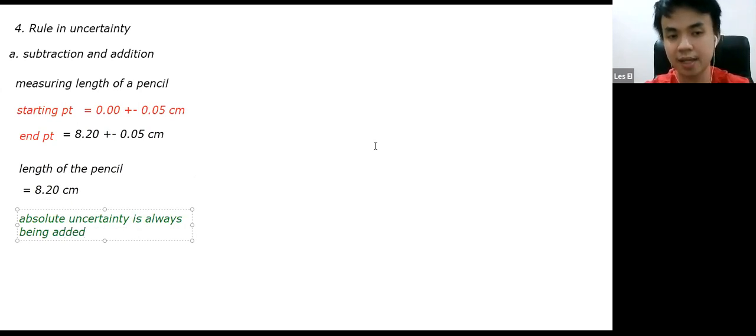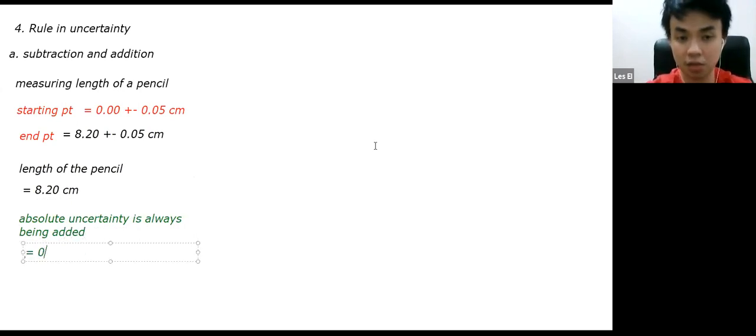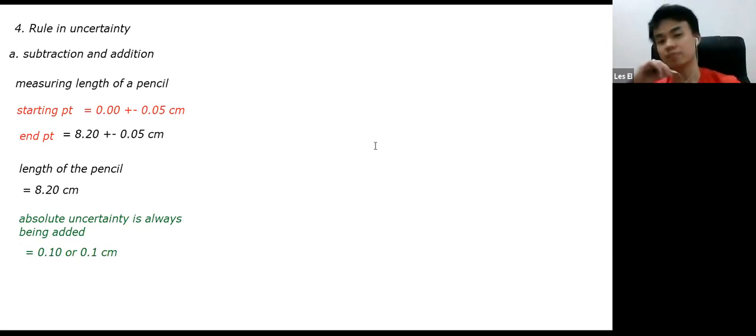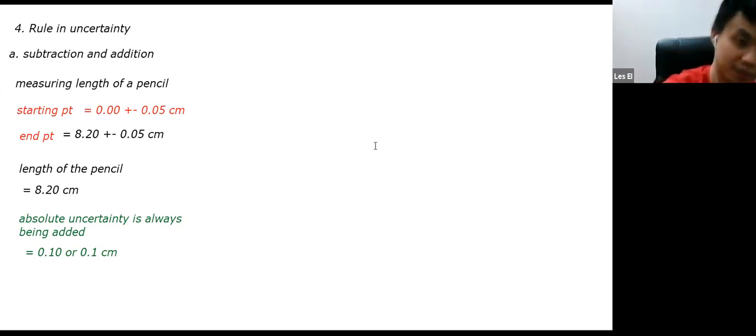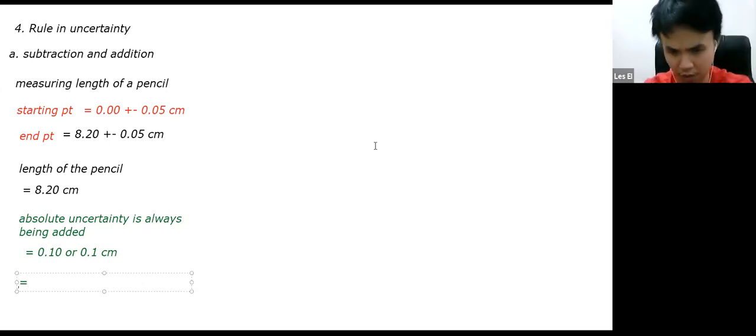So I can say the absolute uncertainty is 0.10 or 0.1 centimeter. Even though you do subtraction, the absolute uncertainty cannot be subtracted. It should be added. You have 0.05 and you have 0.05. That's why you add them up. So now your answer, you can just write as 8.2 plus minus 0.1 centimeter.